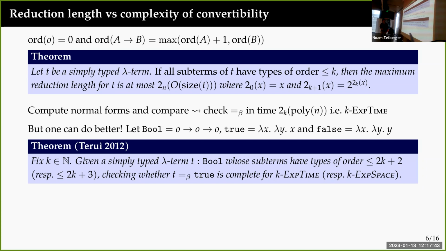And you can actually do this in kEXP time or kEXP space, respectively, depending on whether you're even or odd. And this is optimal because the problem is kEXP time complete, respectively kEXP space complete. So you see that the optimal way to check convertibility when you fix this bound of the order is actually a tower of exponentials of half the height you would expect from this naive syntactic approach.